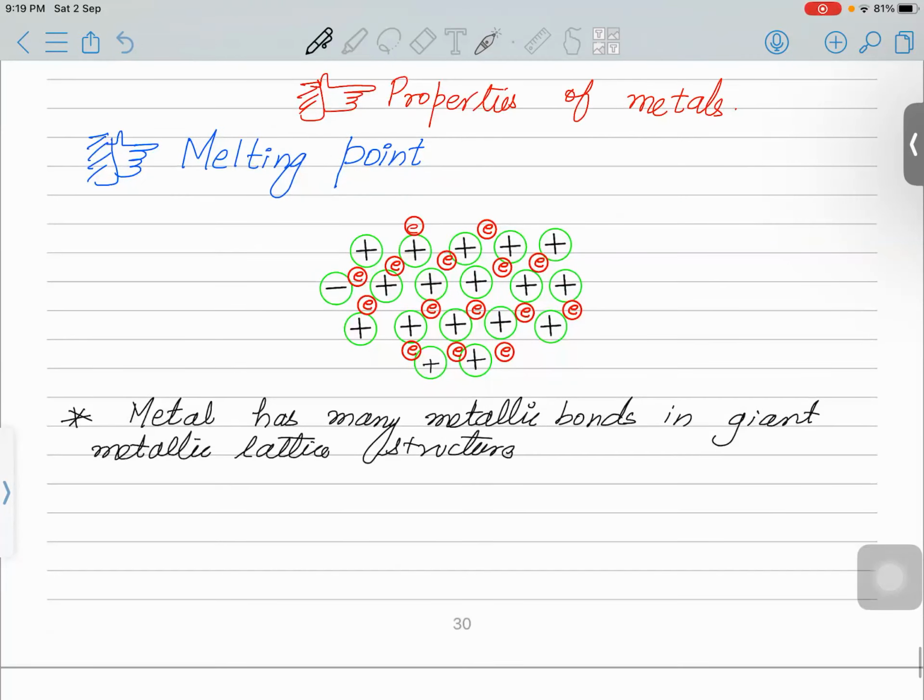Metal has many metallic bonds, so it's a metal cell.